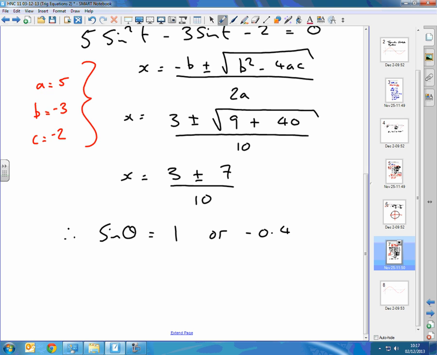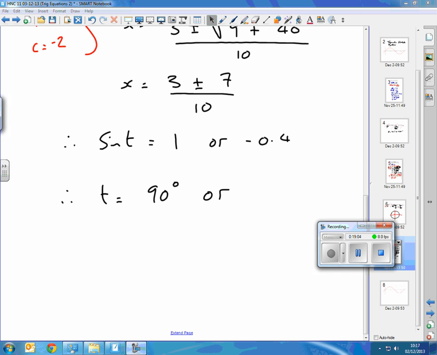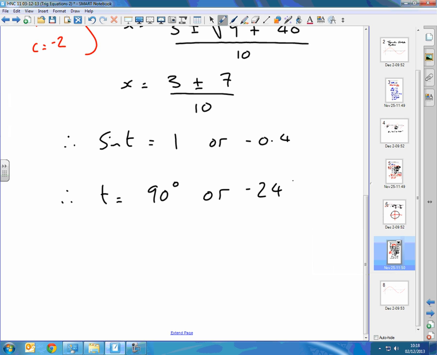So sine theta equals 1 or minus 0.4, or sorry, should I say in this case not theta but t. So therefore t equals sine to the minus 1 of 1, which is 90, or sine to the minus 1 of minus 0.4, minus 24 degrees to the nearest degree.